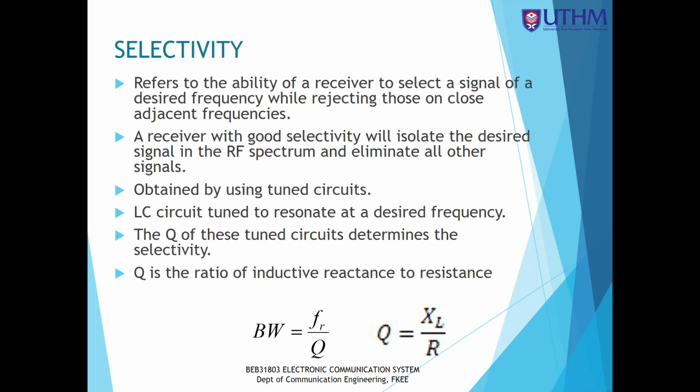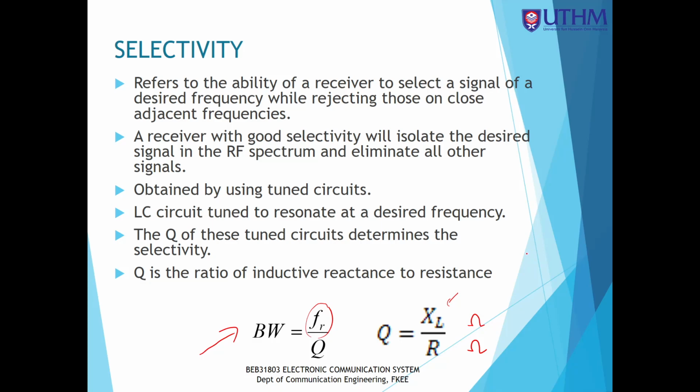Another parameter is the bandwidth of the tune circuit, which can be calculated based on the resonant frequency, the center frequency of the filter, divided by the quality factor. The quality factor is equal to the inductive reactance divided by resistance, so this is actually ohm divided by ohm.